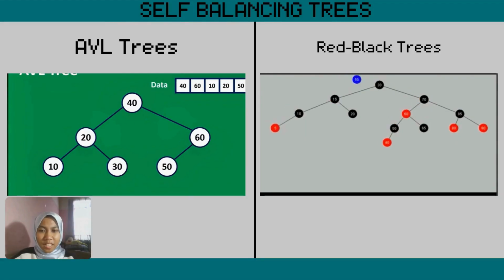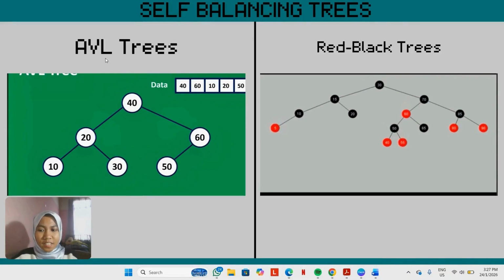Because of that, their height stays low, and all operations like search, insert, and delete are guaranteed to run in O(log n) time, no matter what the insertion order is. This is why self-balancing trees are used in real systems, for example Java's TreeMap and C++ std::map, which are implemented using red-black trees.